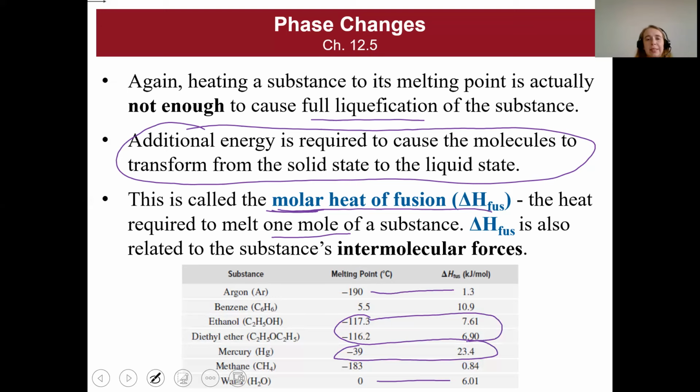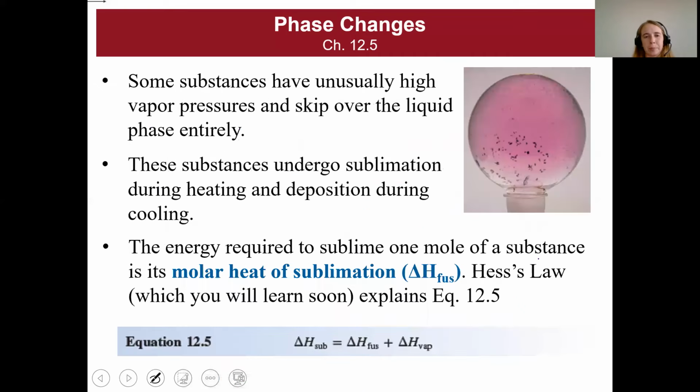So it's a little less correlated with intermolecular forces, and you can look at your book and see how they describe this process. But it's a little less related to intermolecular forces because solid to liquid is a less dramatic transition, I would say, than liquid to gas.